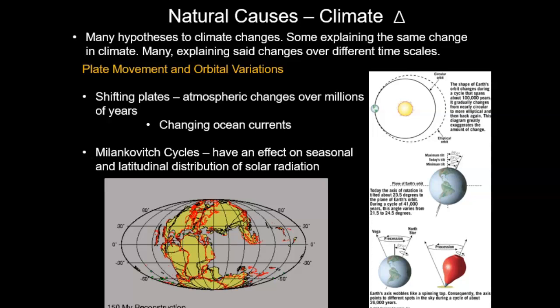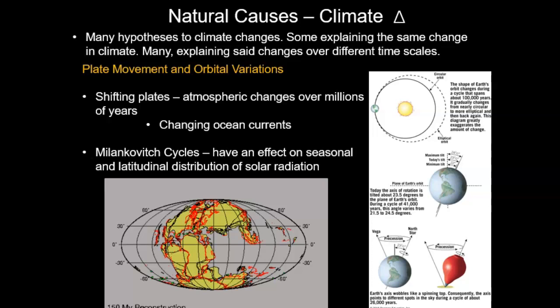Another thing to have in mind as we go through these coming slides is that no single hypothesis can explain the climate changes seen on all of the time scales. Some of the hypotheses may explain changes in climate over millions of years. Other hypotheses may only explain the changes that we have seen over hundreds of years, and others over decades, for example.